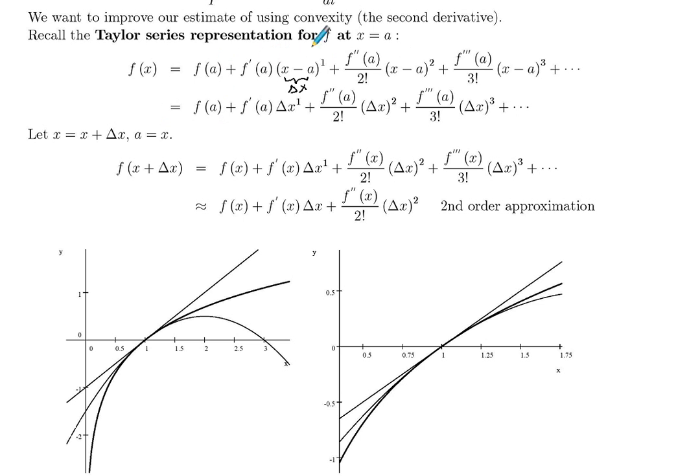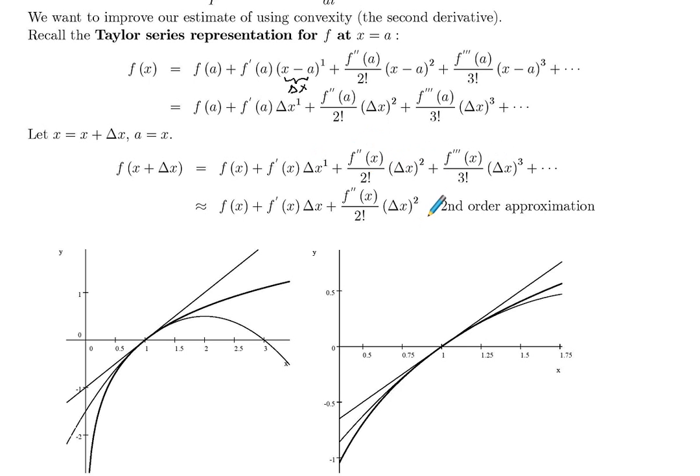Then this series becomes f at x plus delta x, so this is an increment added onto x, could be positive or negative increment, is f at x, plus f prime at x delta x plus f double prime at x over 2 factorial delta x squared, and so on.